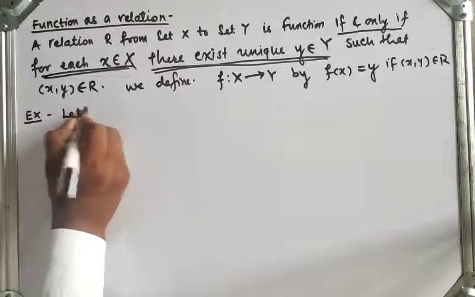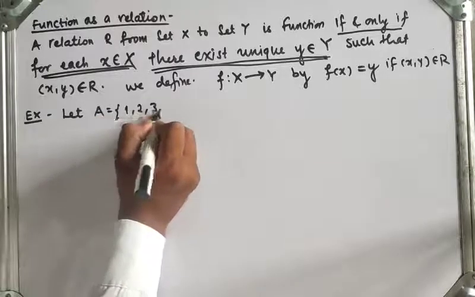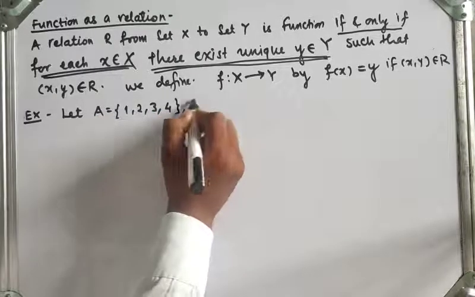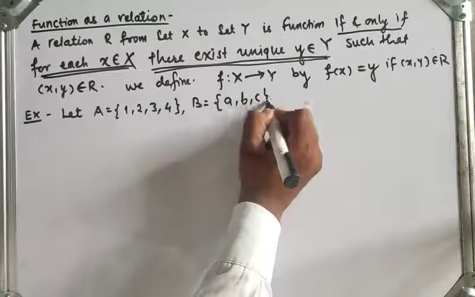let A be the set {1, 2, 3, 4} and B be another set {a, b, c}.